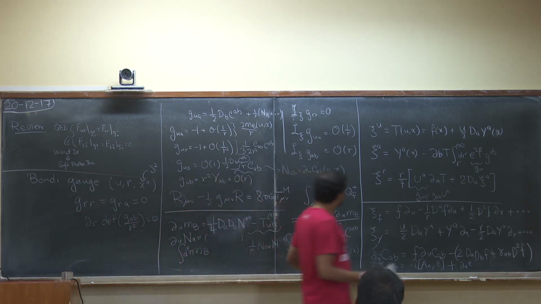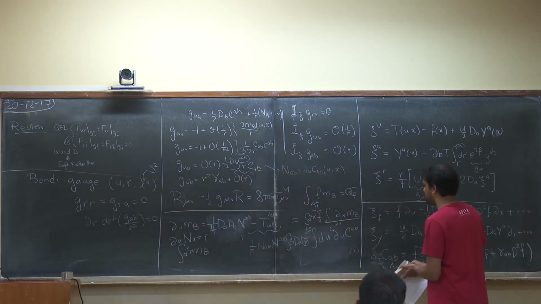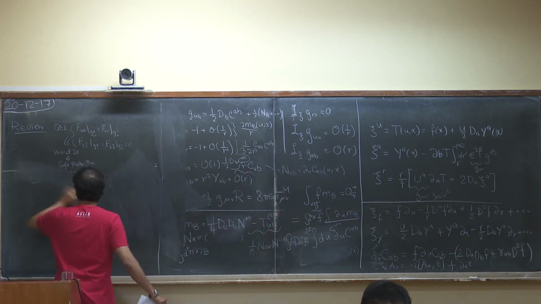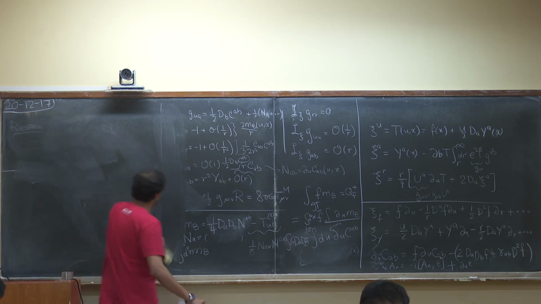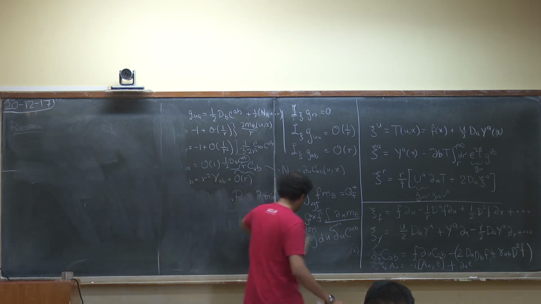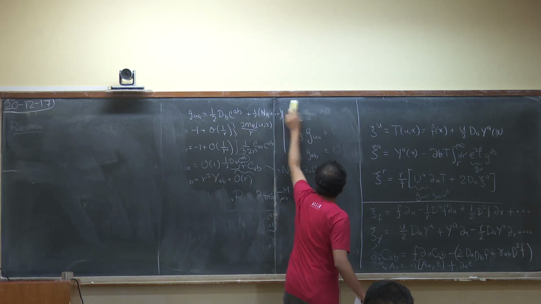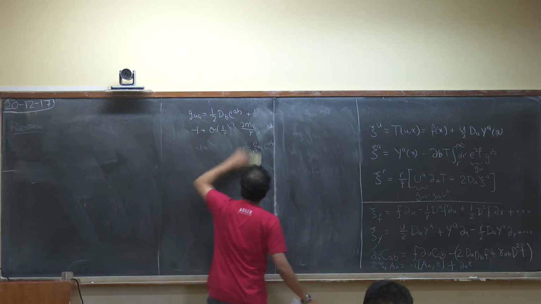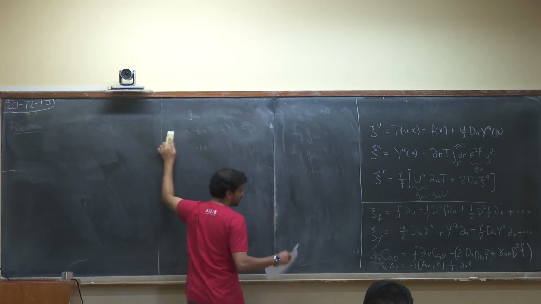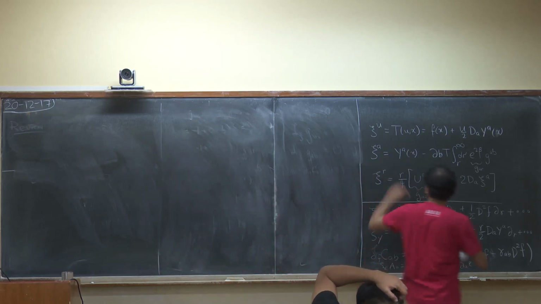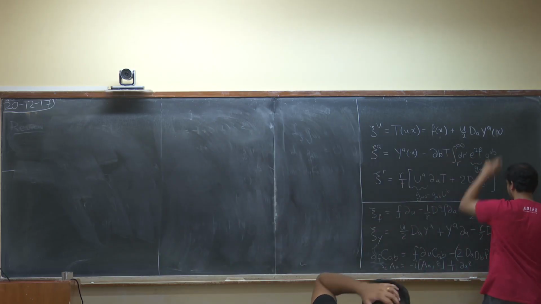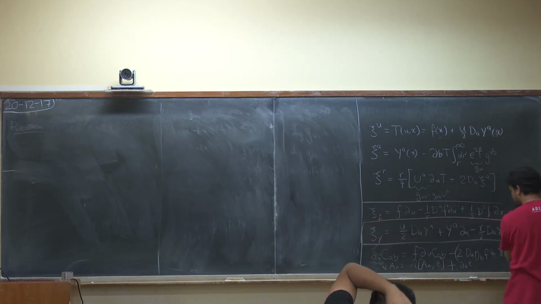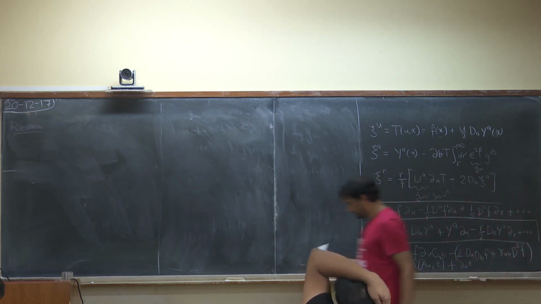Okay, superrotation. Let me now focus more on superrotations. Superrotations are basically these vector fields where I set f to 0. Near the boundary, it takes a very general form that looks like this.